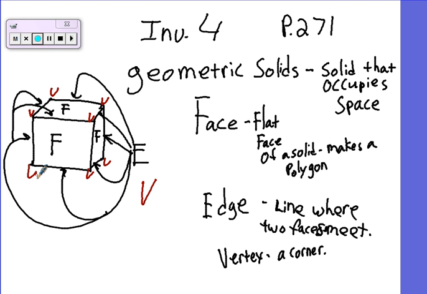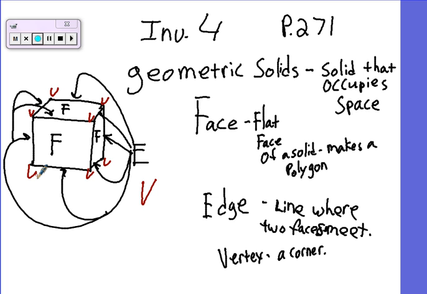That would mean that there are 8, right? How many edges are there? 1, 2, 3, 4, 5, 6, 7, 8, 9, 10, 11 on the back, 12. 12 edges. How many faces? 6. Okay? Does that make sense?